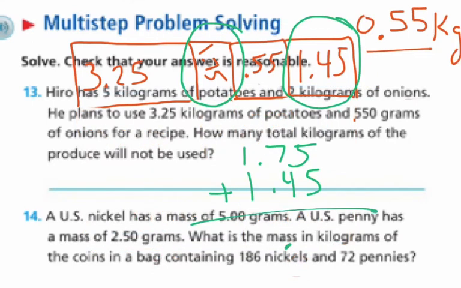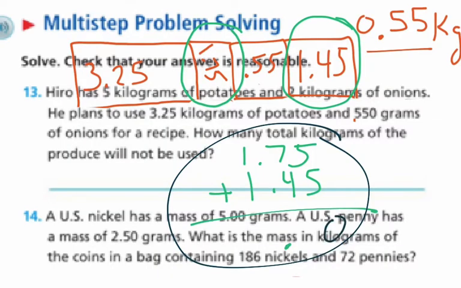Adding those up, I get 3.20 kilograms of ingredients total not used, so the answer should be 3.2 kilograms.